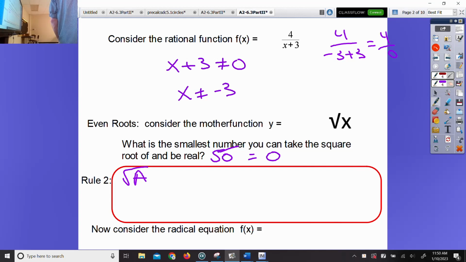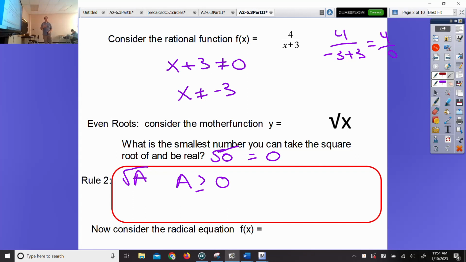You could also take the square root of 0. Could you have taken the square root of negative 1 and been real? There is a relationship between A and 0. 0 is the smallest thing you could evaluate. What's the relationship? Greater than or equal to. Whatever's inside that radical is greater than or equal to 0.